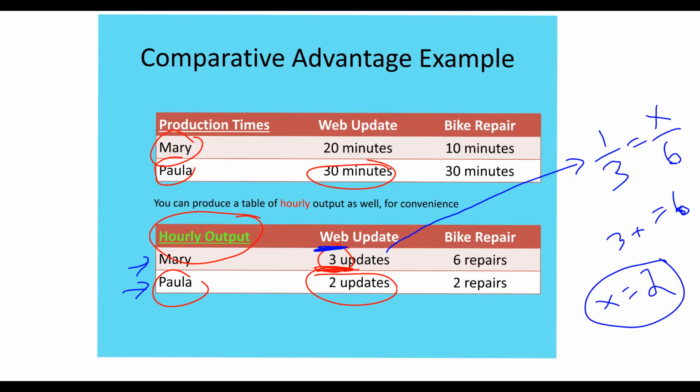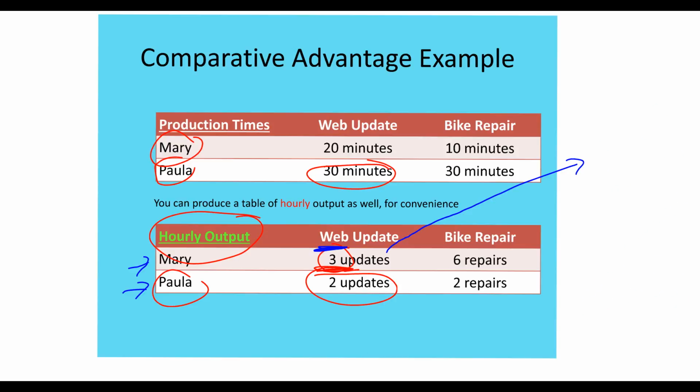So in other words, the opportunity cost to produce 1 is 3, so x is 6. It's just simply ratios. So 3 web updates compared to 6 bicycle repairs. Well, 1 web update is to how many bicycle repairs?